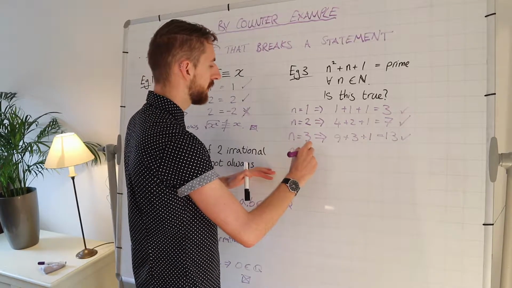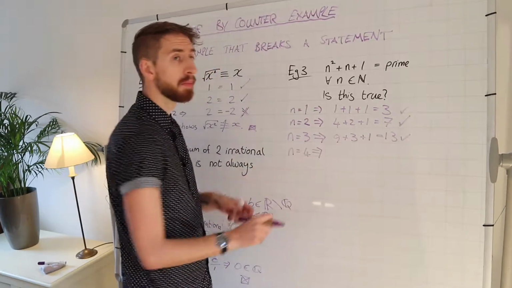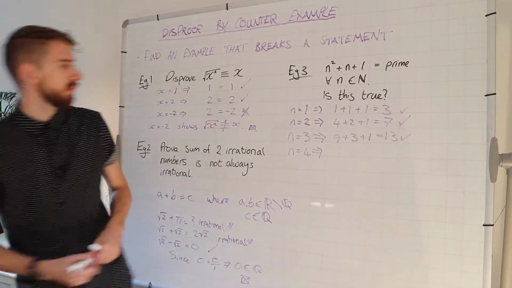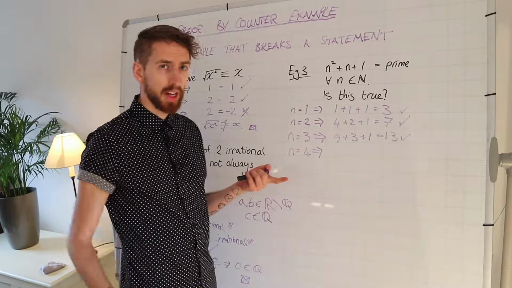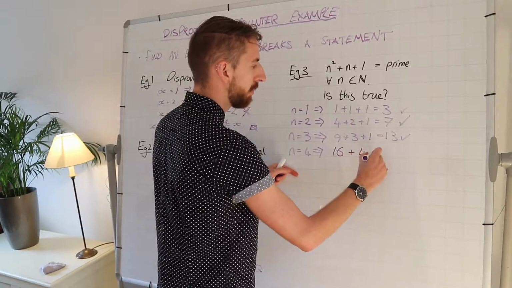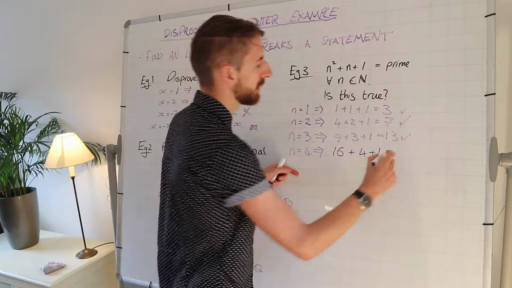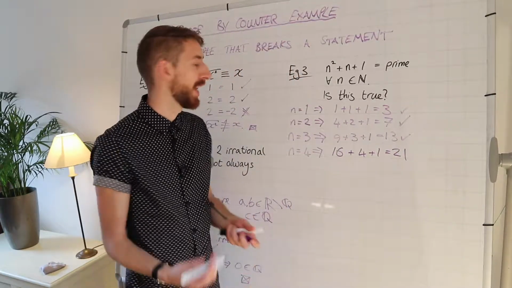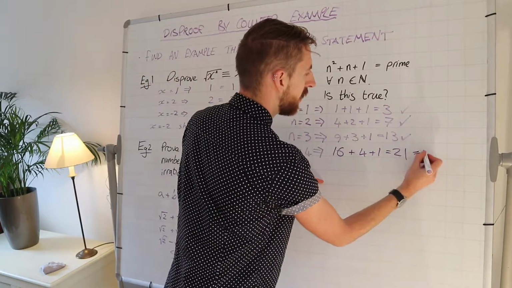N equals 4. This implies, I'm just going to change pen. 4 squared is 16, plus 4 plus 1 equals 21. I hope you realise that 21 is actually 3 times 7.